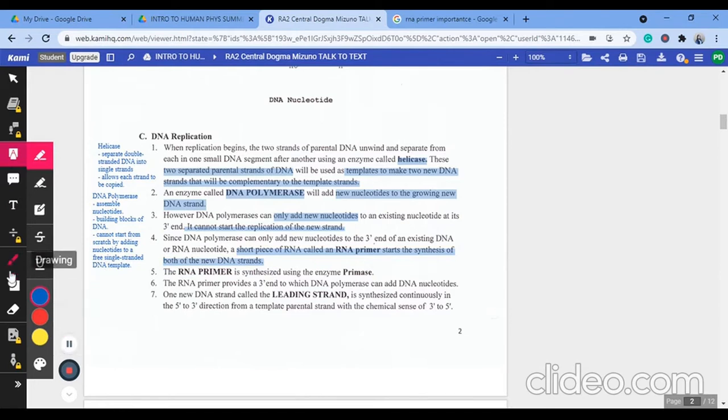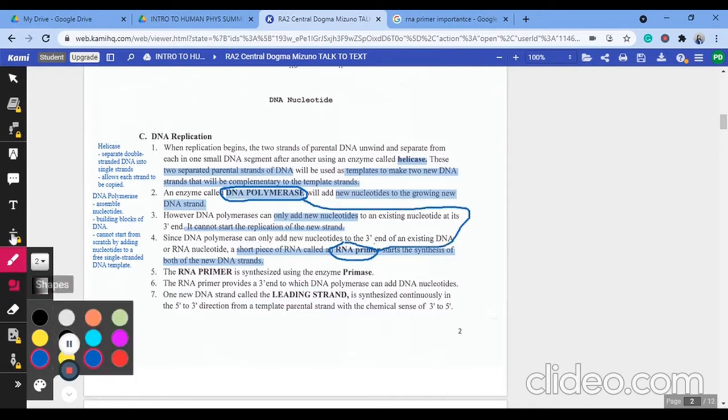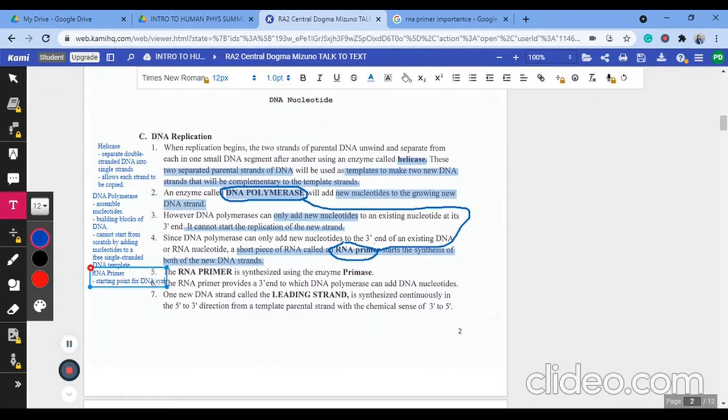So basically, DNA polymerase and the RNA primer work together to form DNA replication, and the RNA primer is basically the starting point for DNA synthesis.